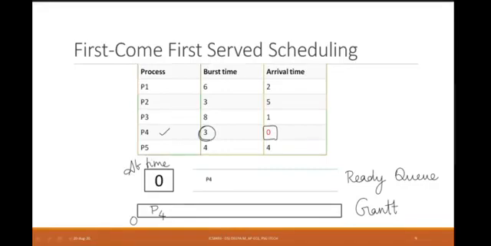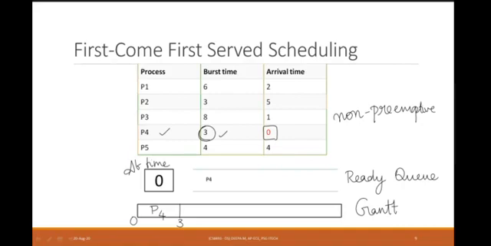We have already seen that this is a non-preemptive scheduling algorithm, which means once a process has come into the CPU, it cannot go out unless it completes its execution. So I am going to allocate this process for a time of 3 units. This is how you are going to schedule it.